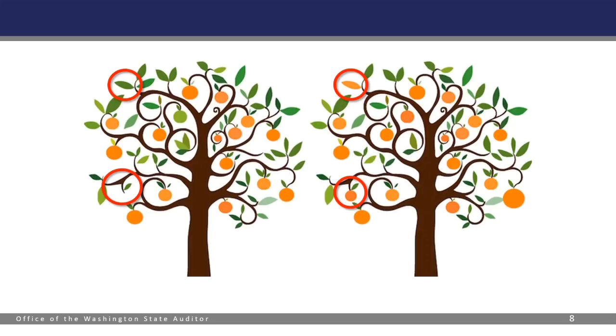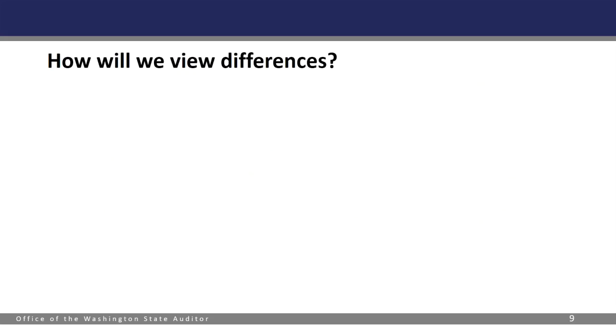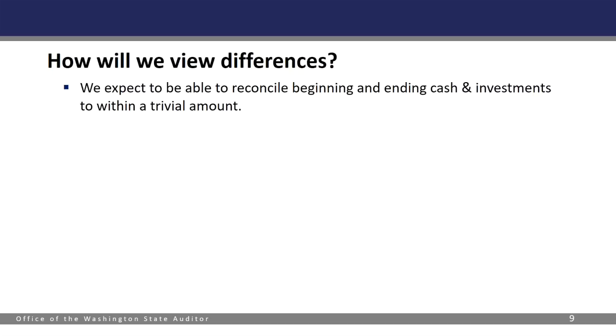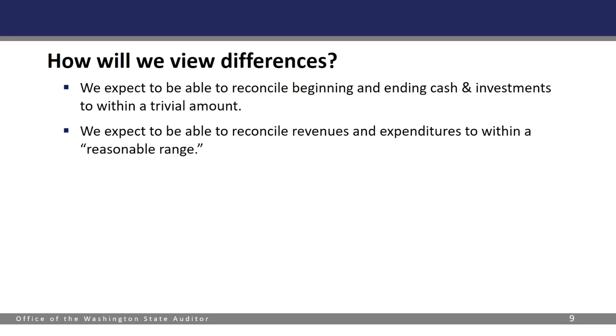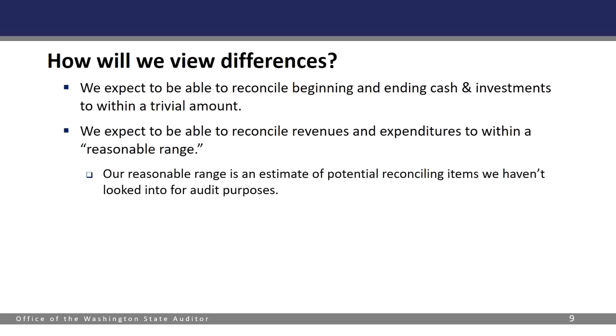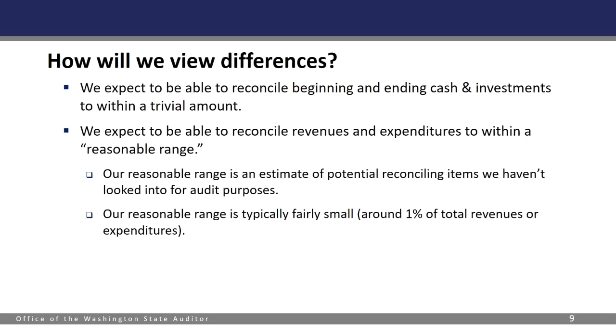Well, how does SAO view these differences? Another really great question, thank you. Well, we expect to tie ending cash to a trivial amount. We then expect to reconcile revenues and expenditures within a reasonable range. And this range is generally pretty small, typically around 1% of total revenues and expenditures.